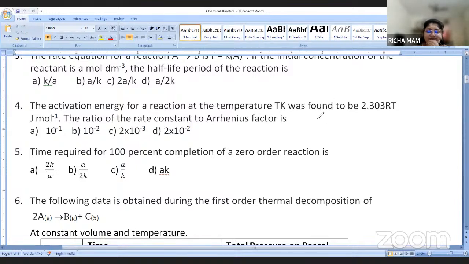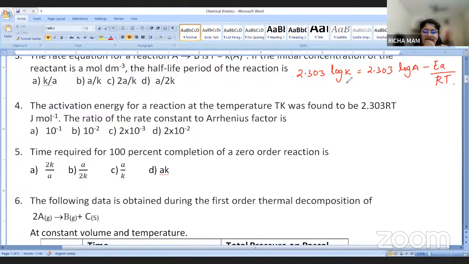So according to the equation, log of K is equal to log of A minus EA by 2.303 RT. Okay, so this is the equation which we know.